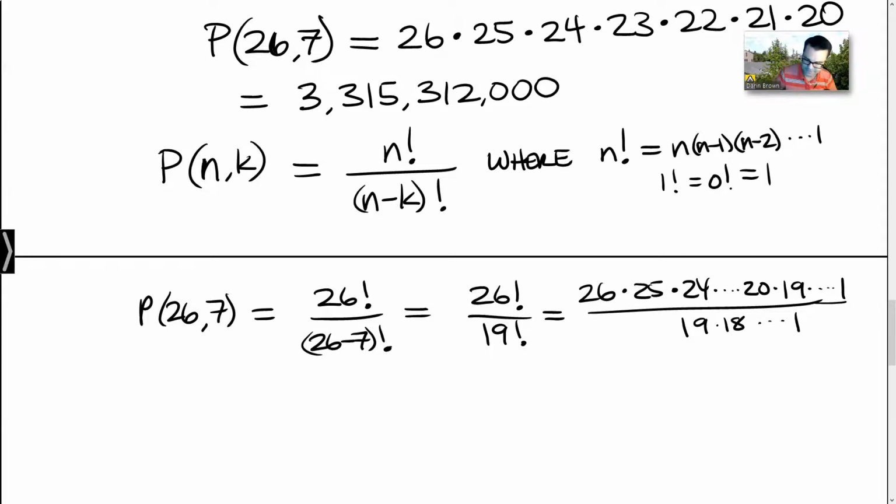And what you see is there's canceling. The 19 cancels with everything down to 1. So all that you're left with is this stuff. You're just left with 26 to 20. So this is a formula that works right here.